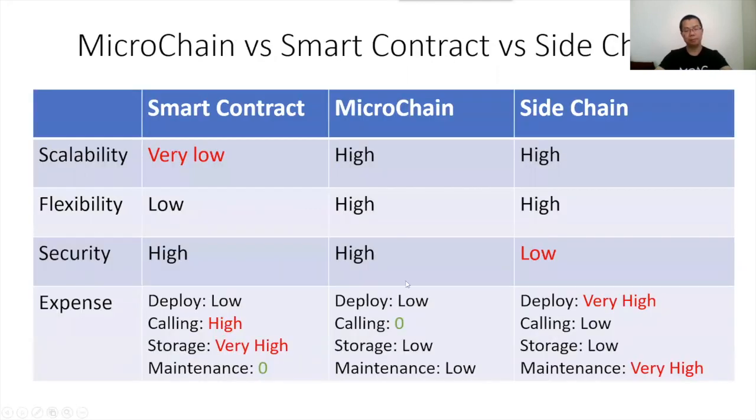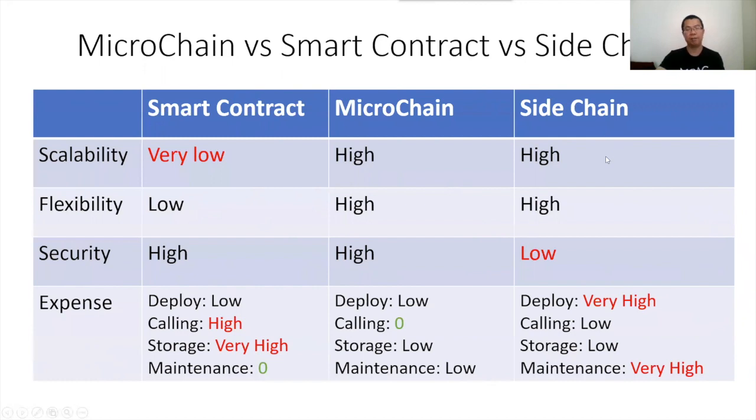So here I have a table that compares smart contract and sidechain with microchain. Scalability: for smart contract, because we compare with smart contract in Ethereum, it's basically very slow. Everybody knows the TPS is low. For microchain, because it processes separately, it's pretty high.